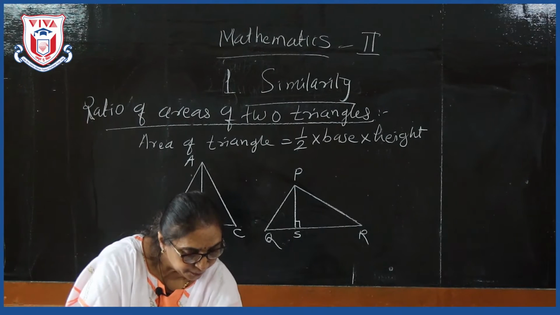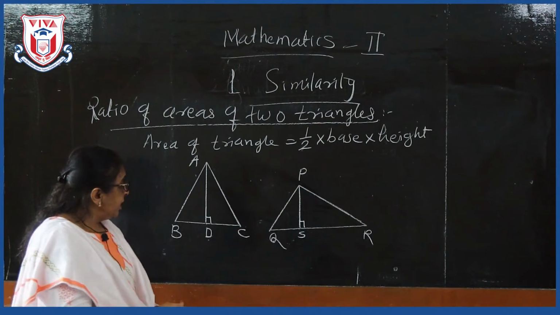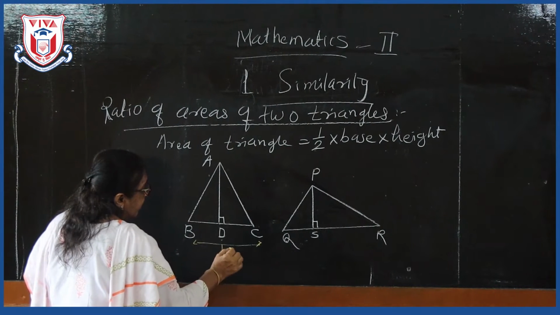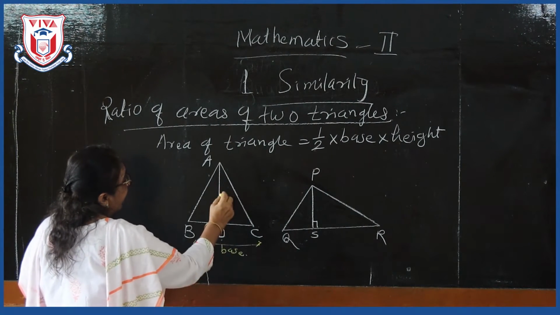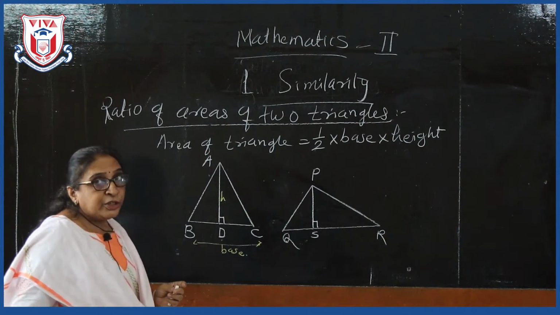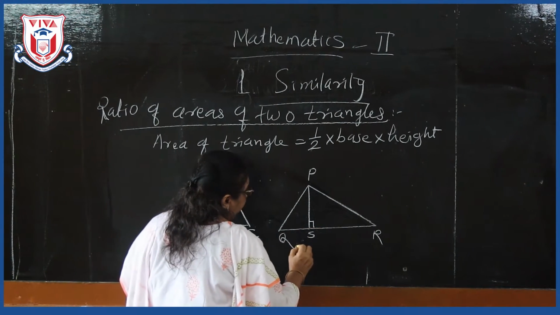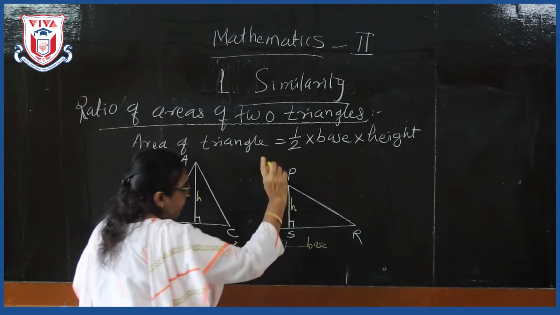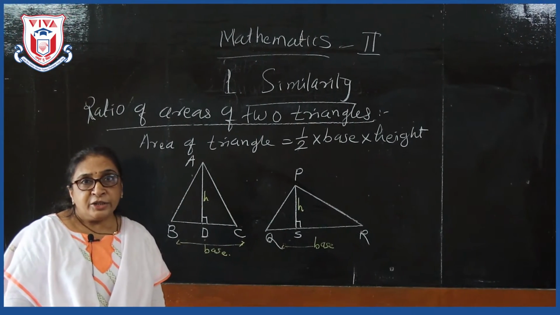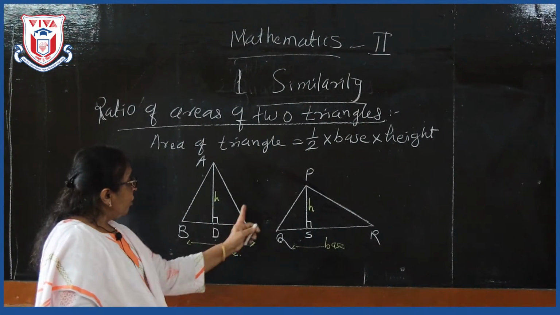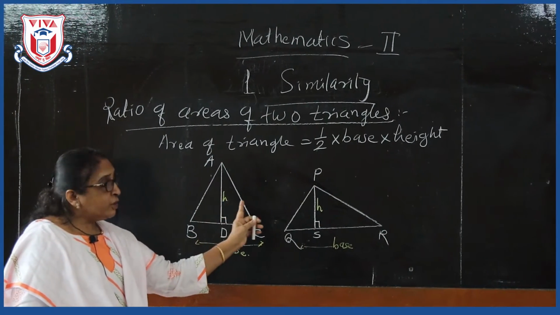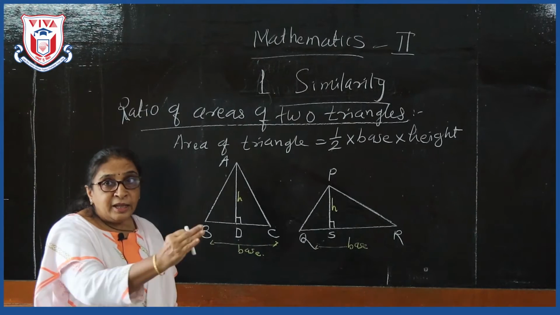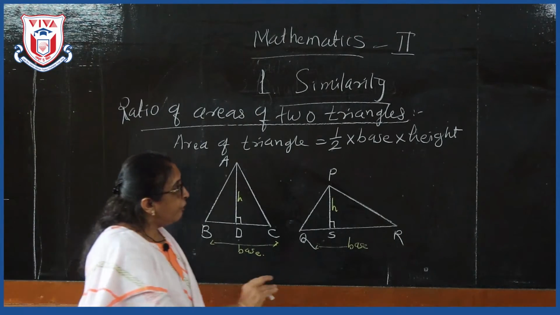That means you can see here BC is the base, AD is the height. For the other triangle, QR is a base and PS is a height. Now, if we consider the ratio of the areas of these two triangles, let us see what formula we get.